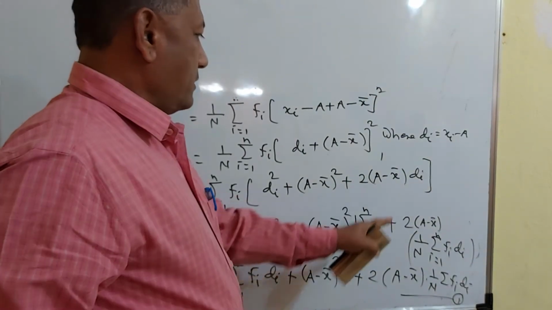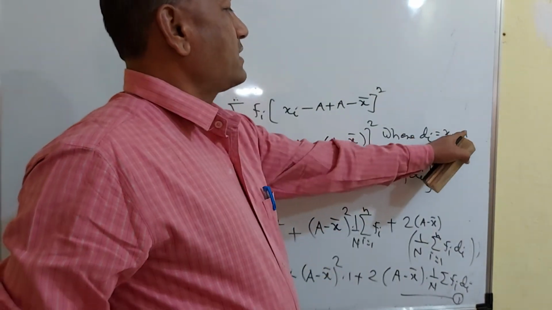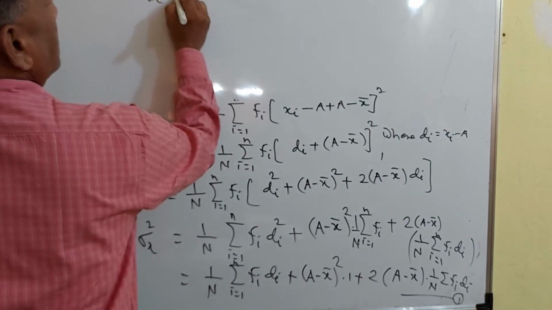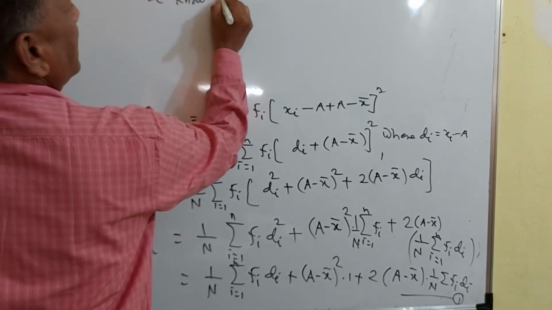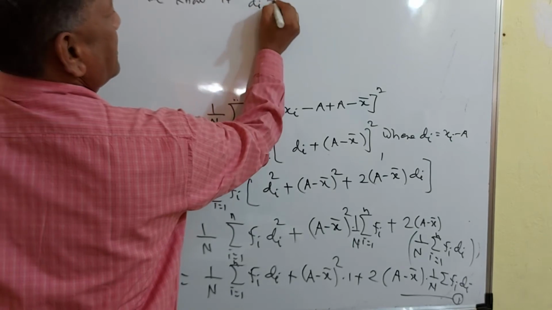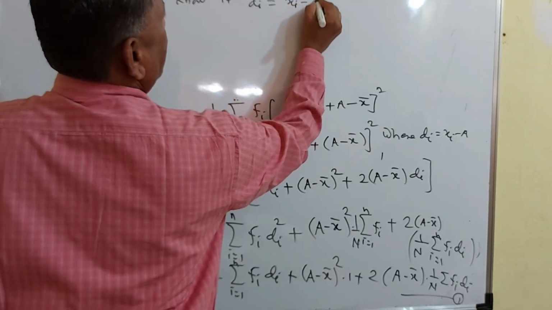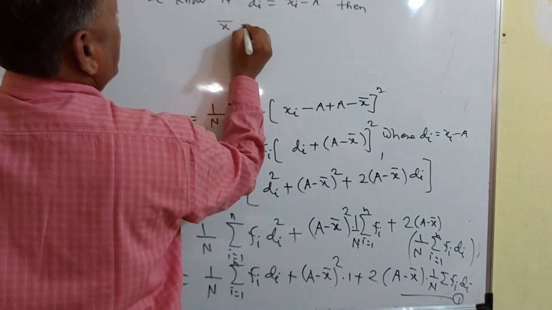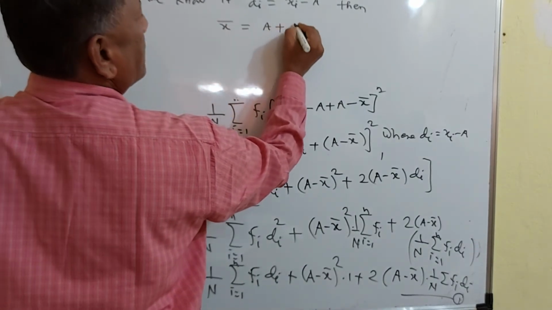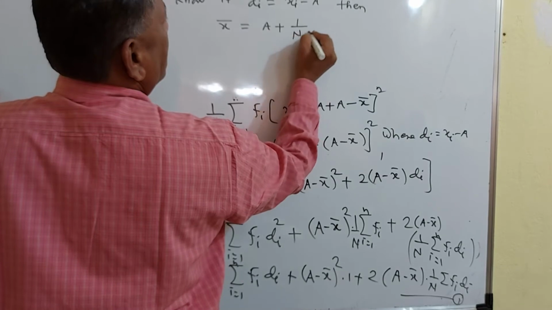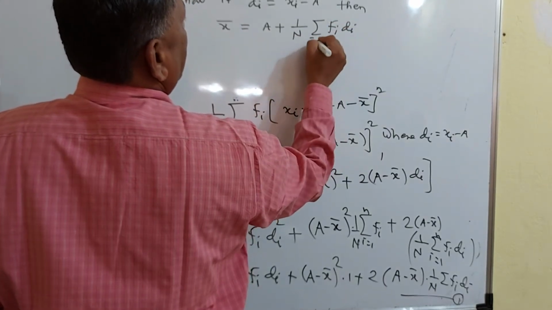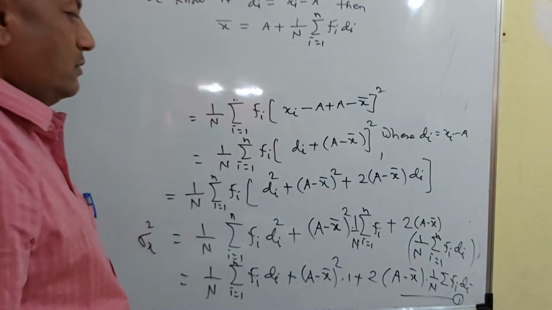Now what is di? di is equal to xi minus a. We know if di is equal to xi minus a, then the arithmetic mean x bar is equal to a plus 1 upon n summation of fi into di, i going from 1 to n.